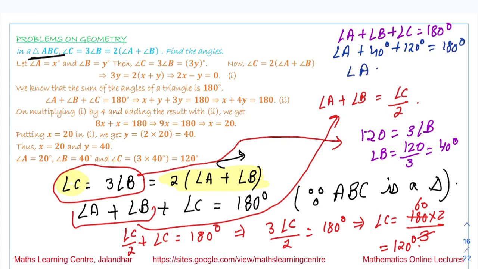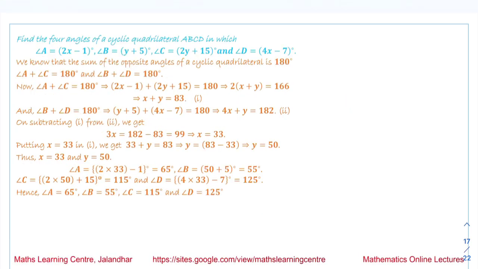So the value of angle A we get is 20 degrees. So angle A is 20 degrees, angle B is 40 degrees, and angle C is 120 degrees.